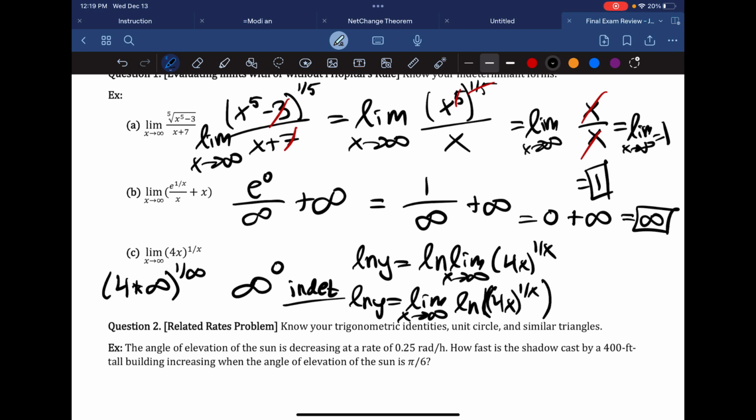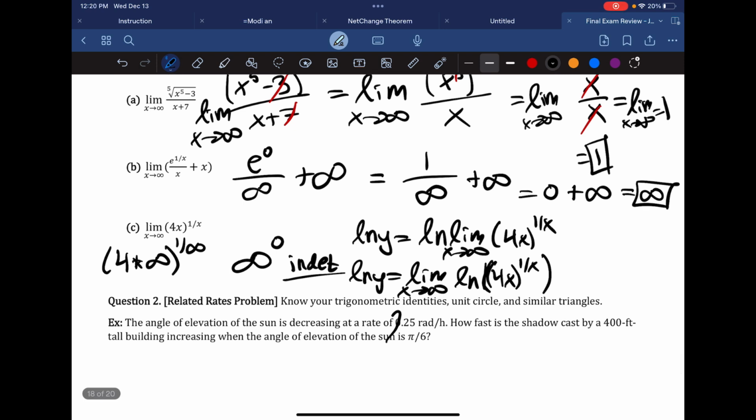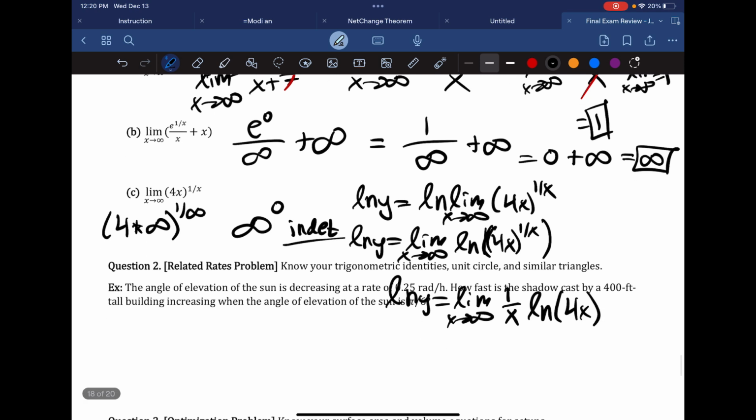So now, due to the properties of logarithms, that exponent can come down. So ln y equals the limit as x approaches infinity of 1 divided by x times ln of 4x. Then, in order to use L'Hopital's rule, we want to rewrite this as a fraction, because you need a numerator and a denominator.